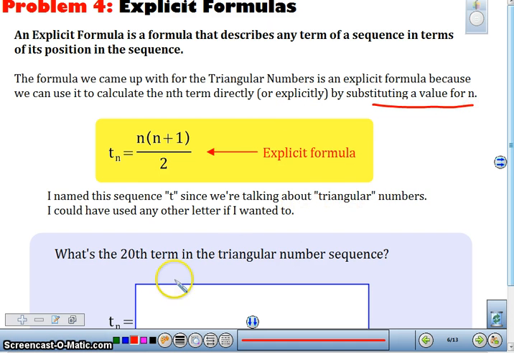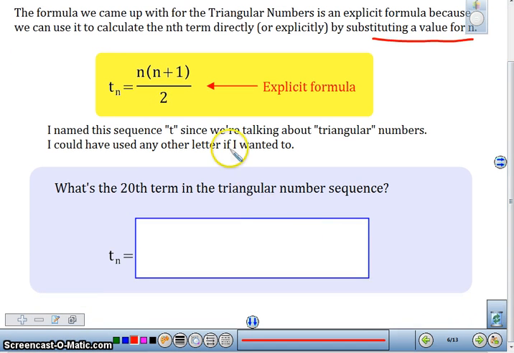So if I wanted to find the 20th term, t sub n equals n times n plus 1, the next number in the sequence, divided by 2. I name the sequence t because we're talking about triangular numbers, and I could use any other letter if I wanted to. What's the 20th term? I'm going to write my formula, n times n plus 1, all divided by 2. What is our n here?